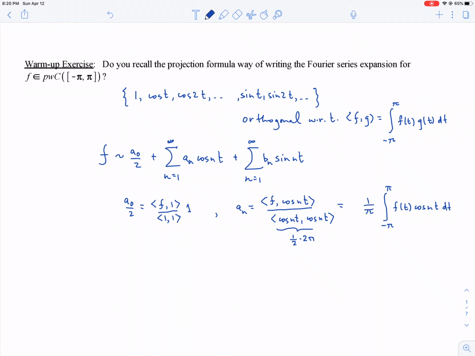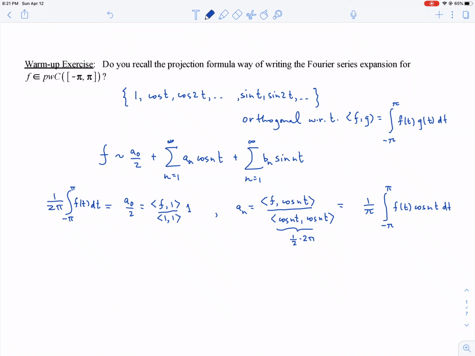And I should have said the a naught over 2 was just, the numerator was the integral from minus pi to pi of f of t dt. And then the average value of the function 1 is 1, and so the denominator, which is just the integral from minus pi to pi of 1, is just 2 pi.